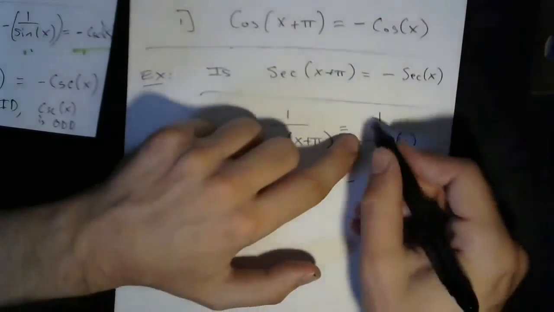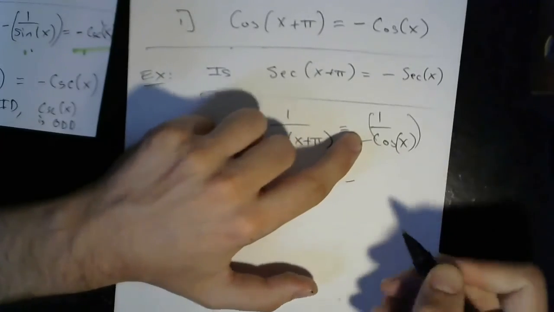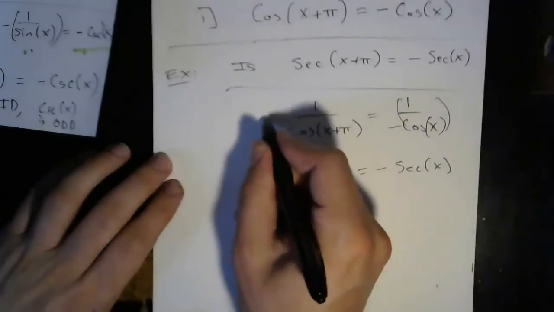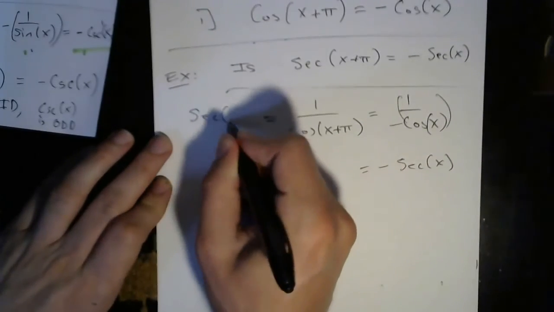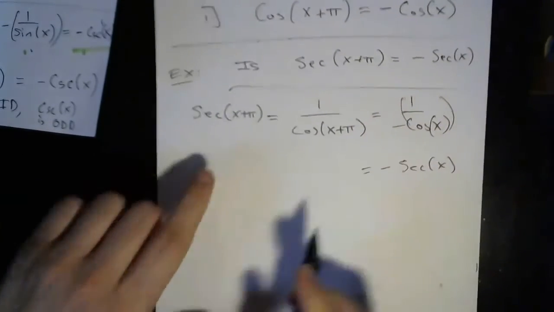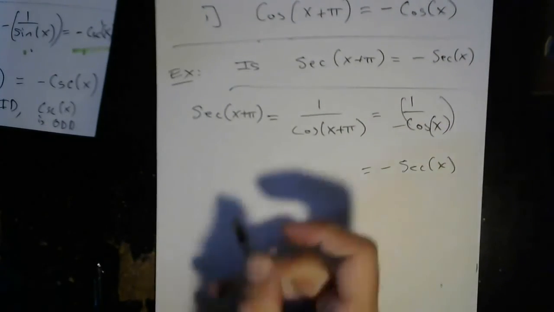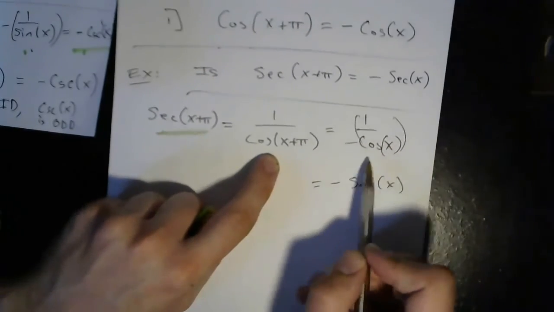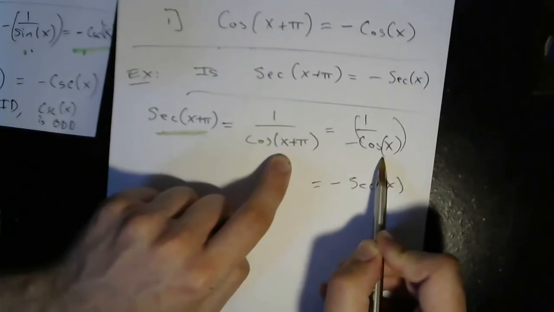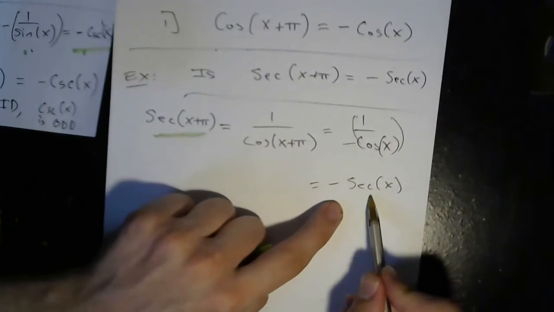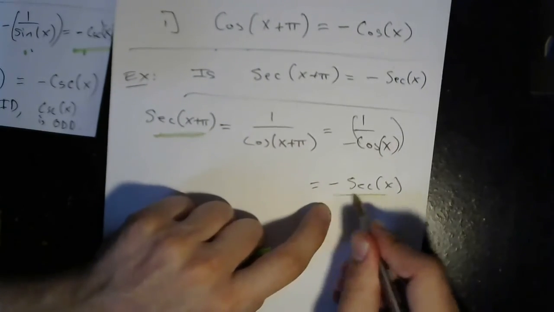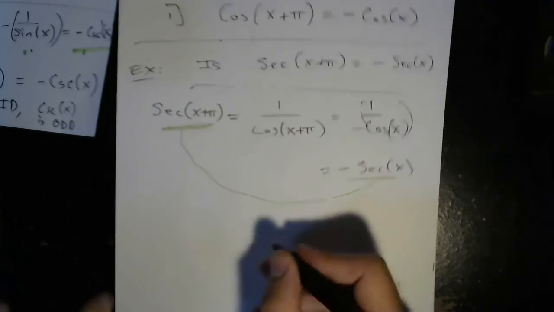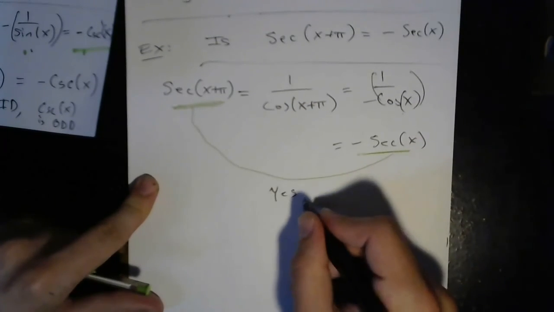So this is negative secant x. And so therefore we went from secant of x plus pi over here, which is equivalent to that by definition, which is equivalent to that by identity. And then using the definition again, we get this is equal to that. And so we say yes, it's an identity.